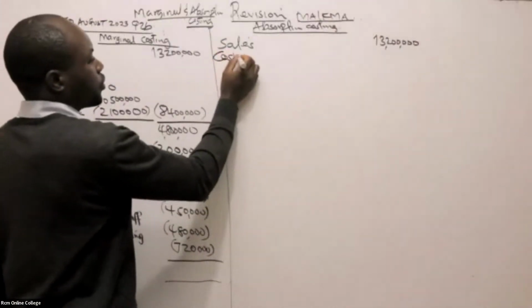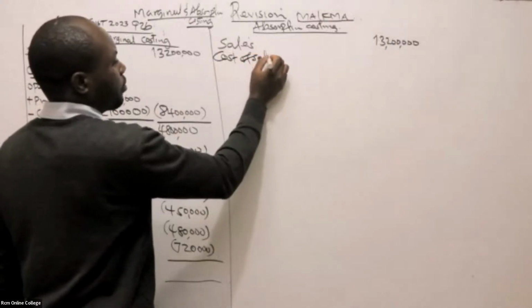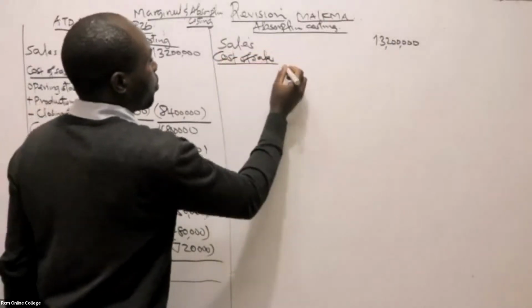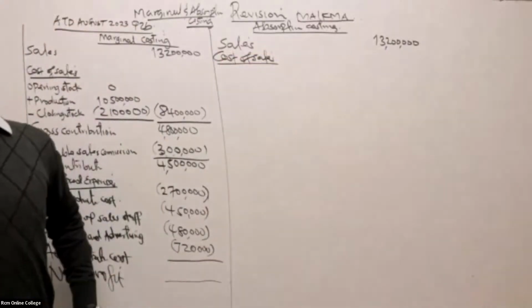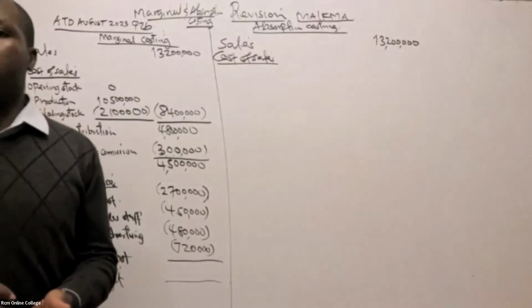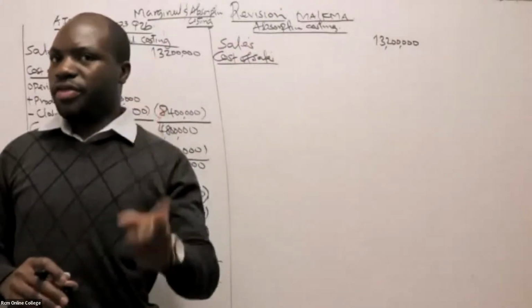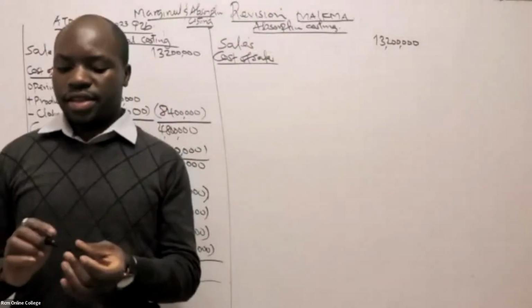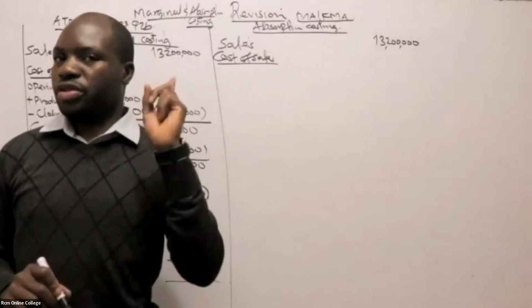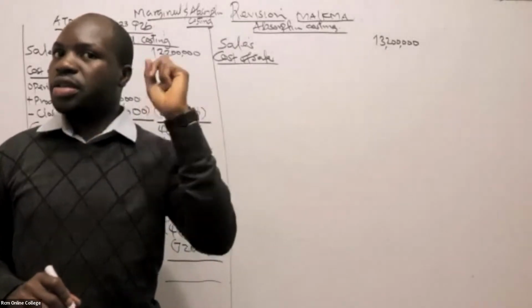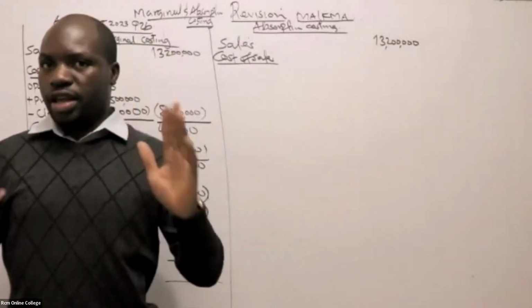So under cost of sales, remember, under absorption costing, we include the fixed production overhead as part of product cost. The moment you bring in fixed production overheads or fixed expenses, we no longer call it contribution margin. We now call it gross profit, net profit.